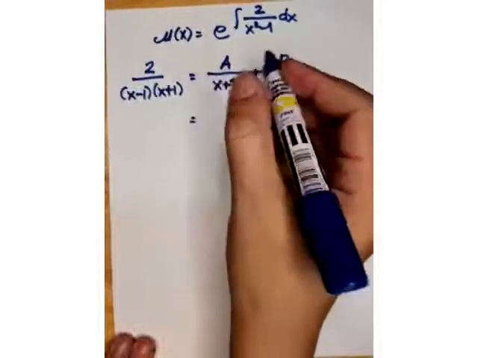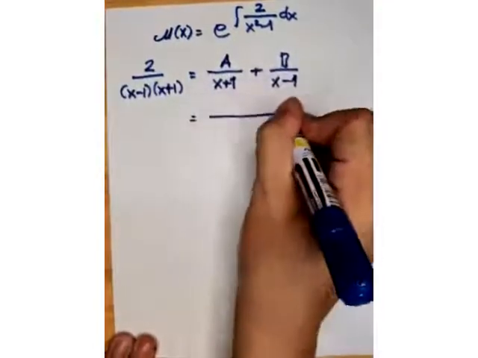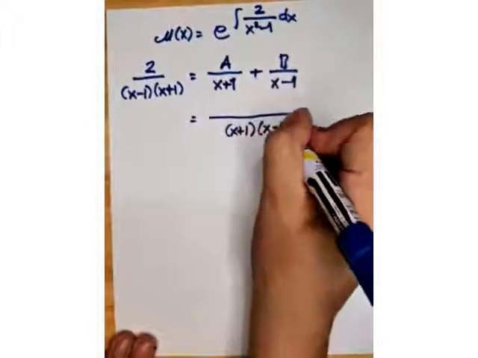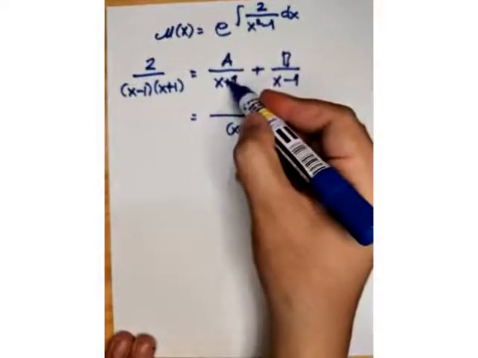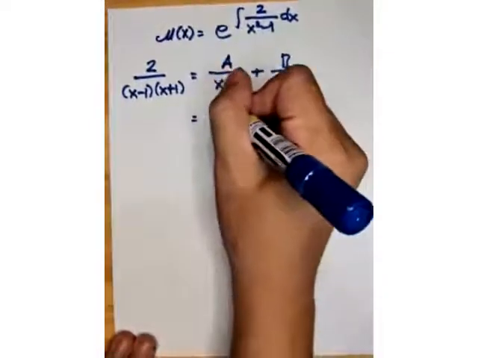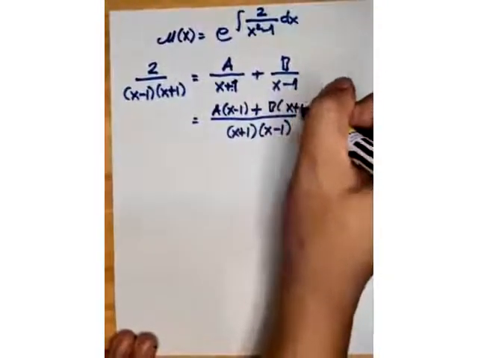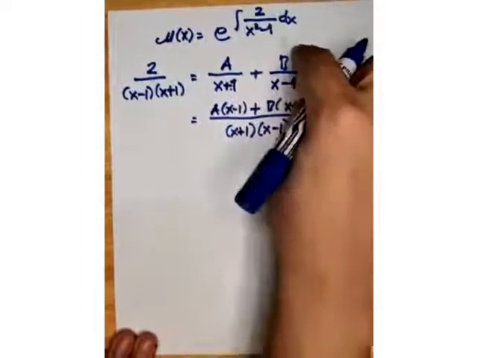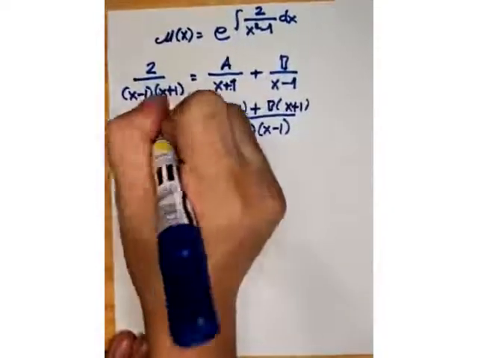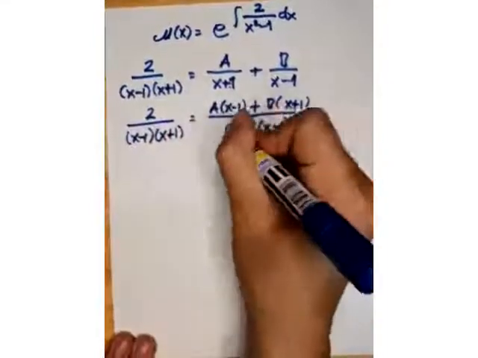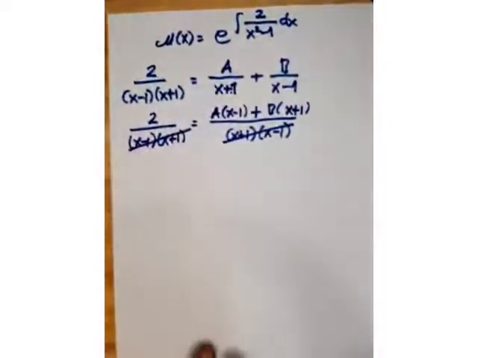So after doing the decomposition form, we need to combine them again. Ayan. So 2 divided by 2, that's a times x minus 1 plus b times x plus 1. And this is 2 over x minus 1 and x plus 1. So cancel yung denominator. Ayan.